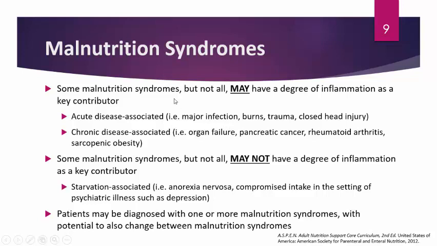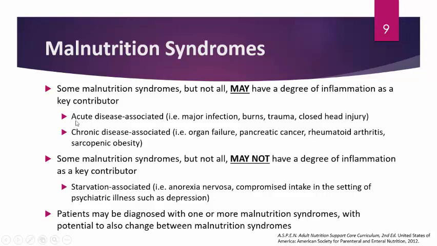In general, many malnutrition syndromes have some degree of inflammation as a key contributor, and that can be related to an actual disease state. Essentially, a disease state here is the driver of that degree of inflammation. That's broken down into two parts: acute disease associated and chronic disease associated.